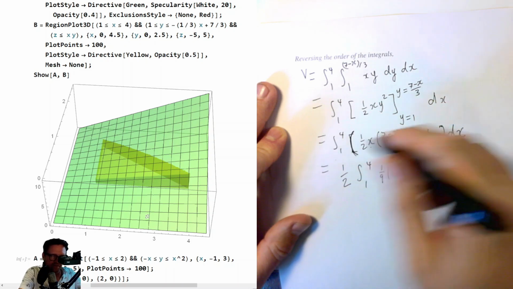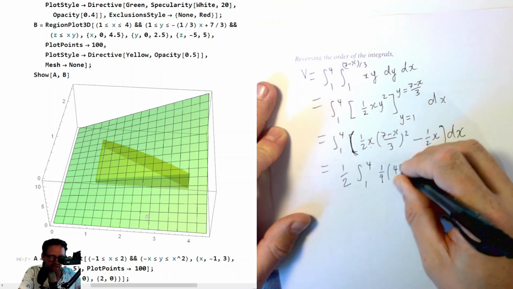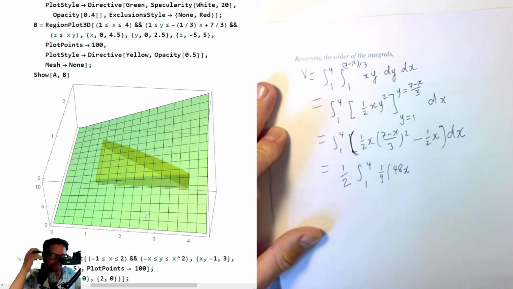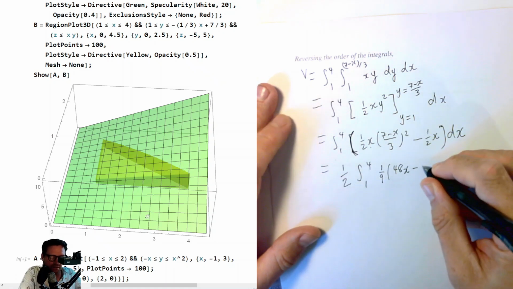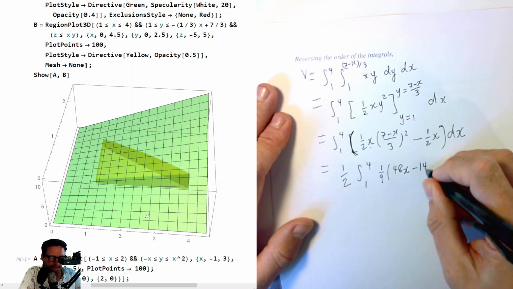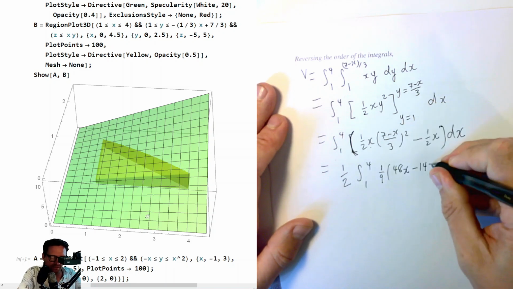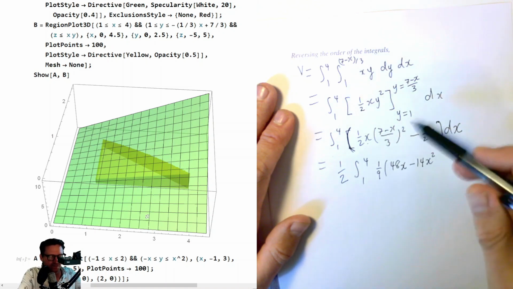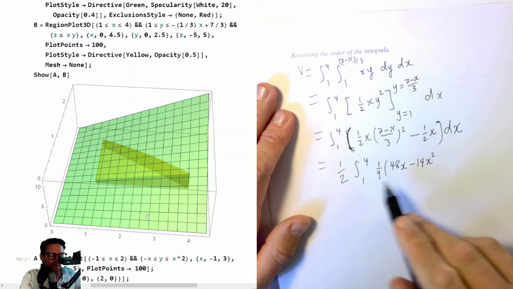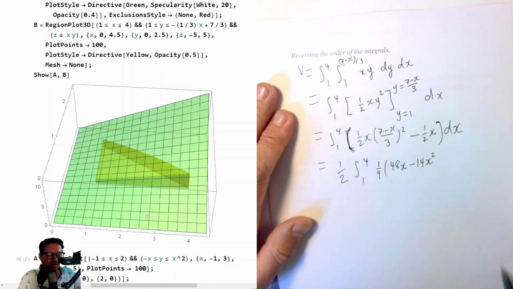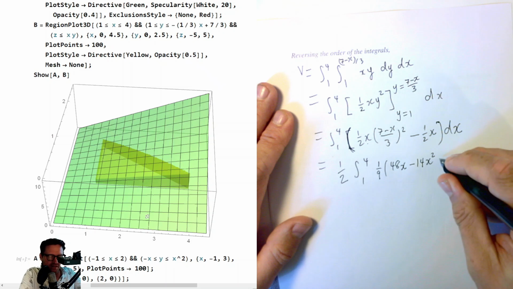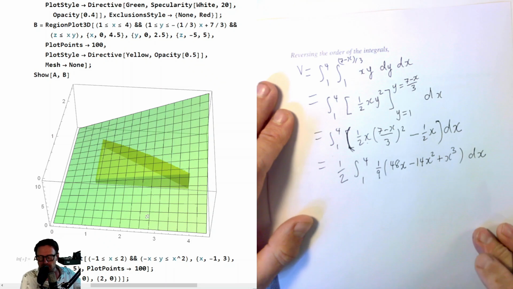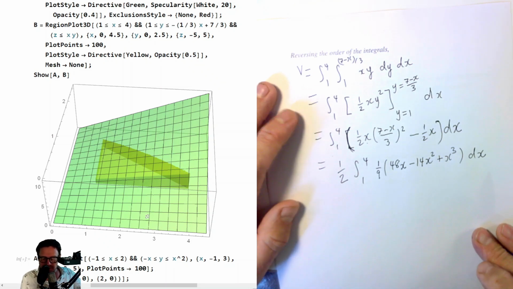And then, having factored out the half, we subtract 1, so we get 48x. Now 7 times 2 is 14, so minus 14x, but then we multiply by another x, so we've got x squared. Okay, x minus x all squared is x squared. Again, that's over 9 because we've got a 3 squared there. Multiply by another x, and so we have plus x cubed. All right, so we have this.